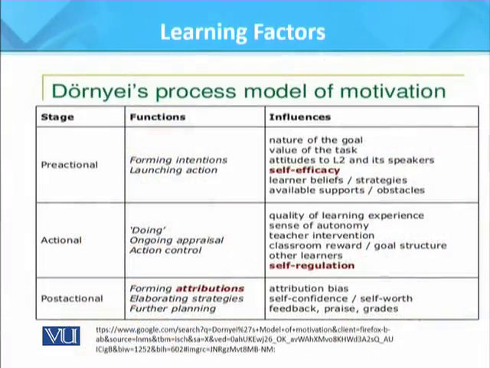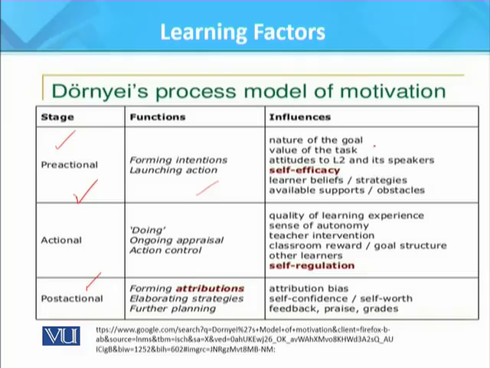Now you have Dörnyei's process model of motivation in front of you. It has three stages: the pre-actional, the actional, and the post-actional stage. The function performed at the pre-actional stage is forming intentions, the intention-based stage where you form the intention to launch a particular action.